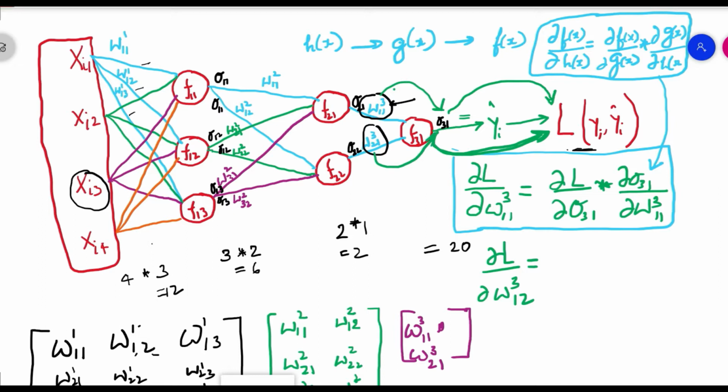Therefore, the rate of change of L with respect to W321 will be equal to the rate of change of L with respect to the output O31 multiplied by the rate of change of O31 with respect to W321.